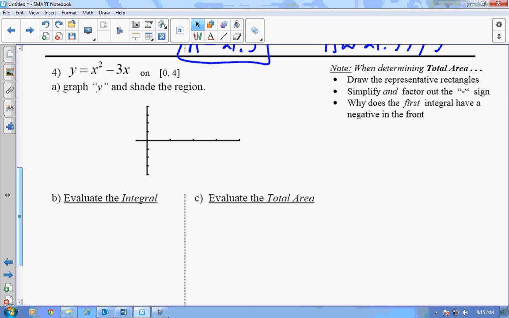So that should be 0 to 3, and then this should continue from 3 to 4. Yep, good.